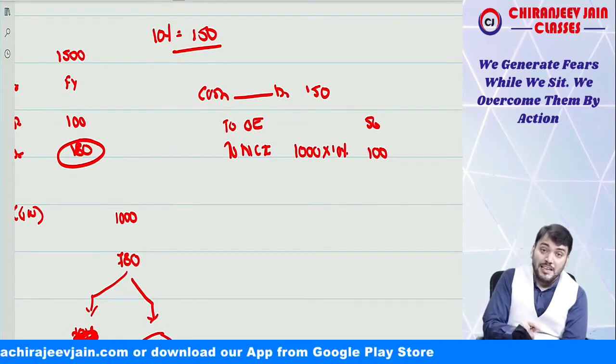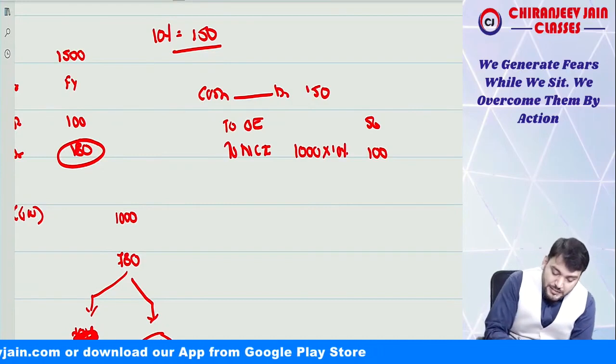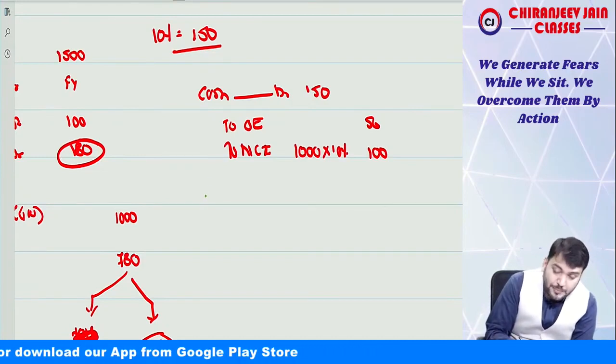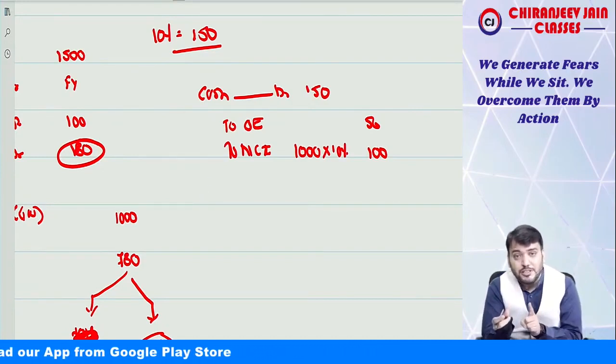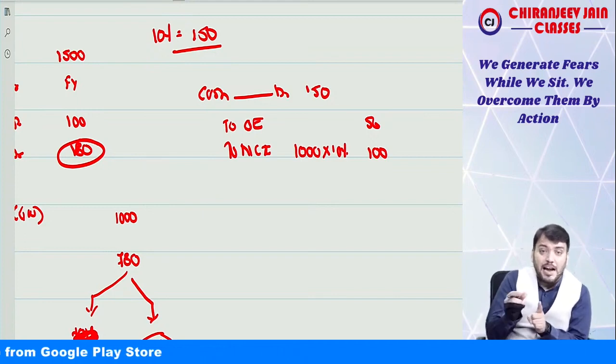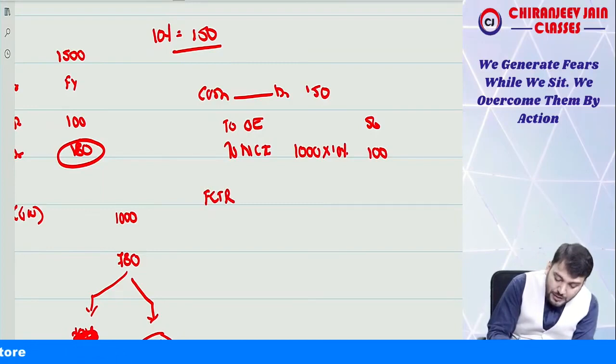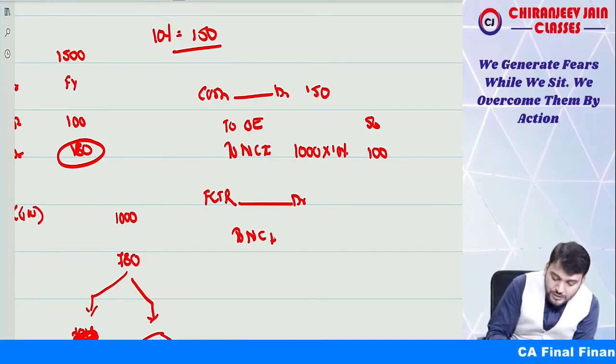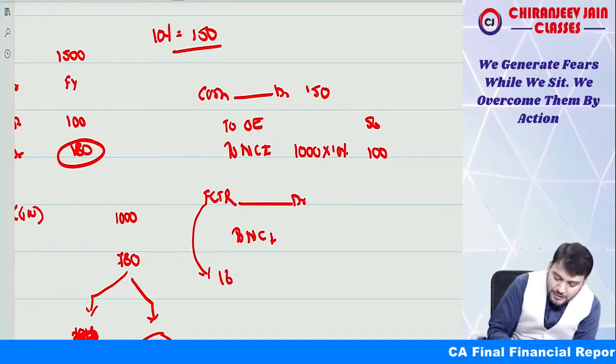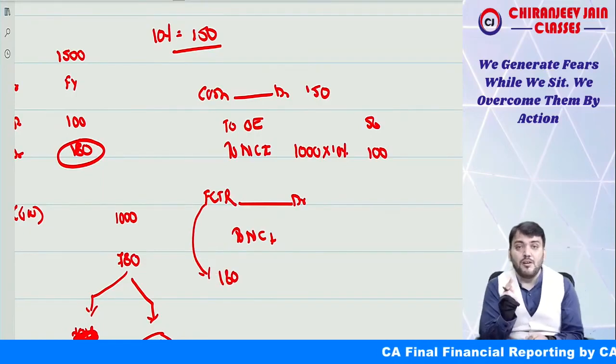Now Ind AS 21 says that some portion of FCTR will also be attributed to NCI. So we will do FCTR account debit to NCI. How much? This FCTR is 180, which represents 90% right now.